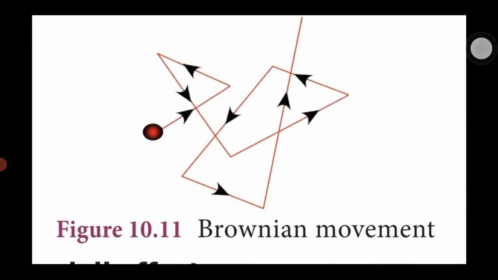The red spots indicate colloidal particles. The colloidal particles present in water move in a zigzag direction. This is the zigzag direction of the particles in a colloidal system.